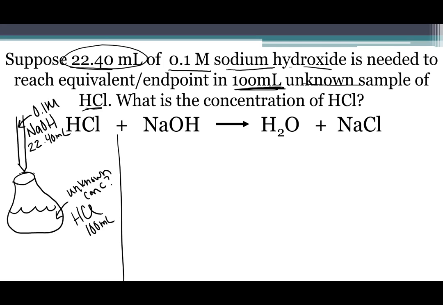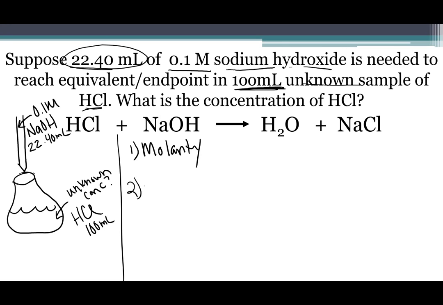How do we solve titrations? If you can remember this mantra, it will be extremely beneficial as you start to solve these problems. So the mantra that I use for titrations is molarity, moles, molarity. Okay? So step 1, molarity.